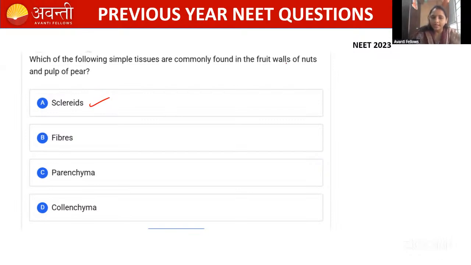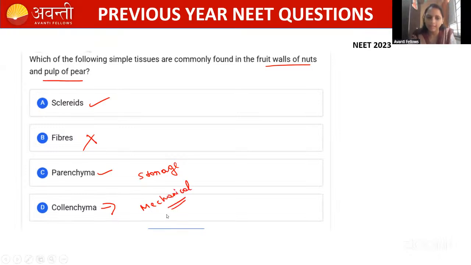We can see sclereids in the fruit walls and the pulp of the pear, not the fiber. Fiber you can see in rope and coconut things, right? Parenchyma has only storage and photosynthesis functions. Collenchyma is present only for mechanical strength. So the correct answer is option A.